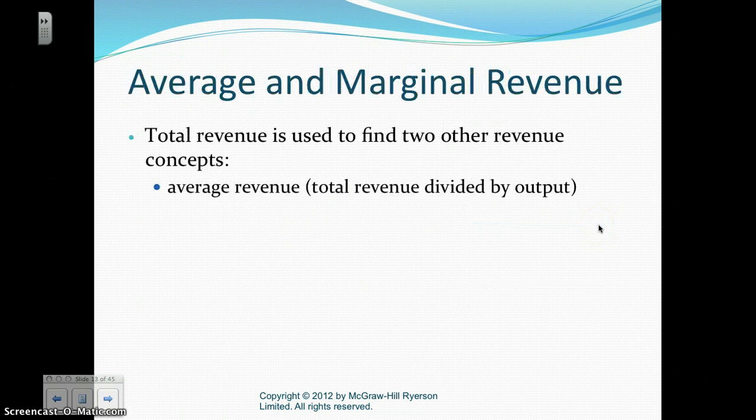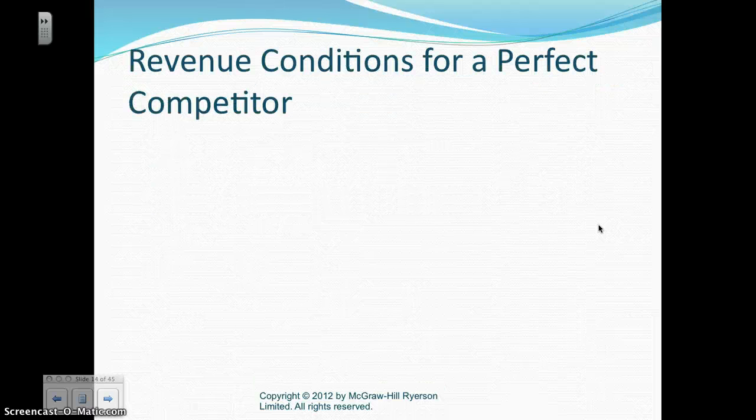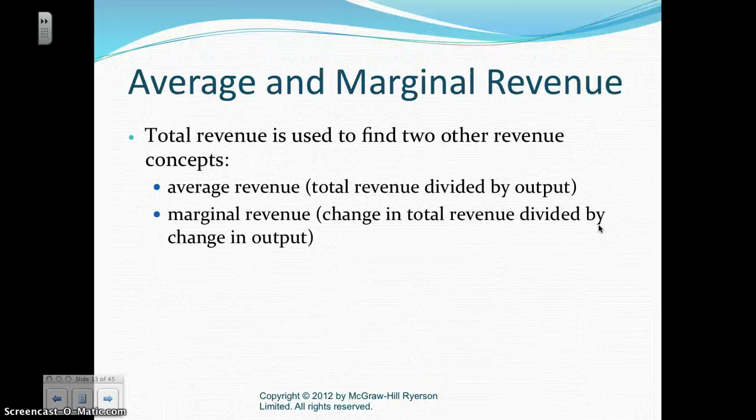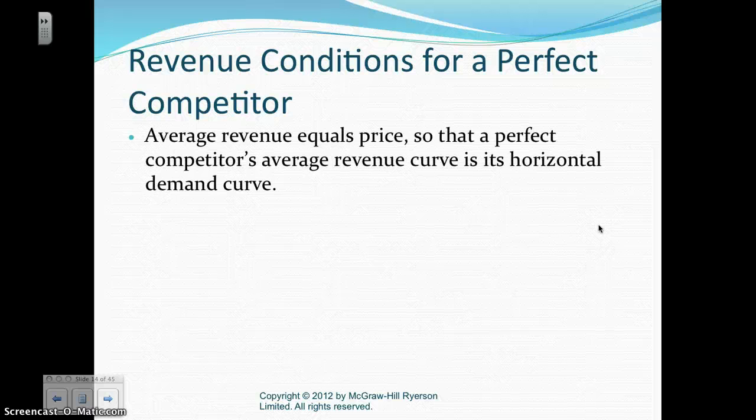We looked at these concepts before, average and marginal revenue. So just take note of them again. I'll put that up there again for a second. Revenue conditions. Average revenue equals price.